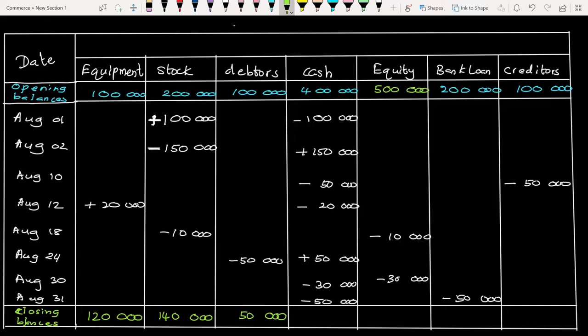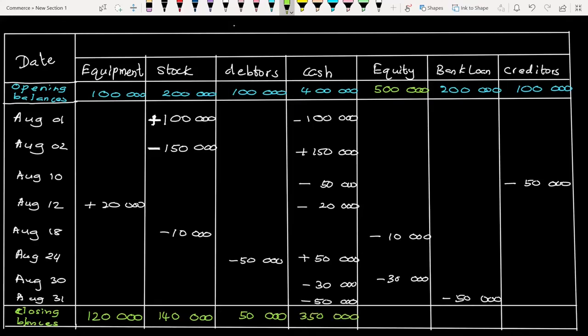Then 380 plus 50 is 430. 430 minus 30 is 400. And 400 minus 50 is 350,000.